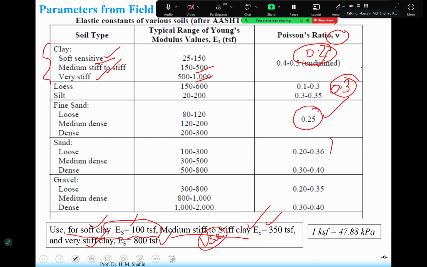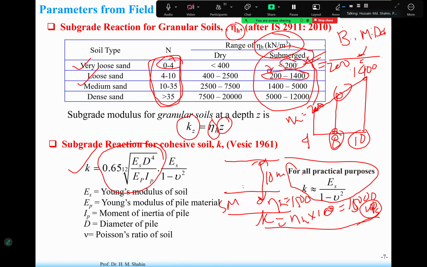For all sand, loose, medium, and whatever it is, use 0.25. And gravel, you don't have gravel, but if it is gravel, then also use 0.25. So 0.25 for all sand, 0.3 for silt, 0.40 for clay. Understood? Because you need this Poisson's ratio.